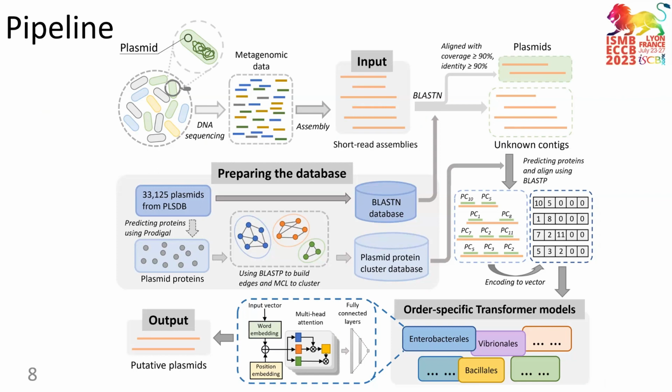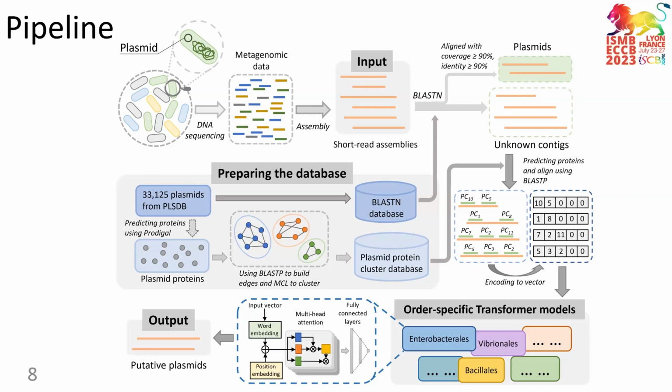Here is the pipeline of our tool. The input of our tool is the assembled contigs from the metagenomic data, and the output is the putative plasmid contigs. To build the database, we download plasmids from PLSDB and build the plasmid database.